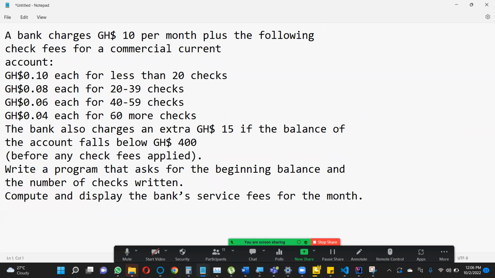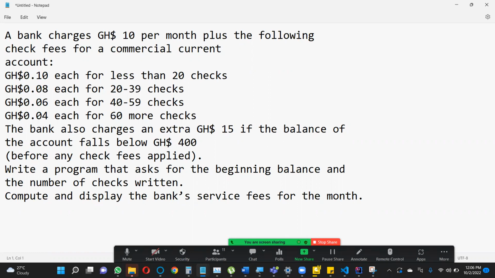A bank charges 10 Ghana cedis per month plus the following check fees for a commercial current account. 0.10 pesos each for less than 20 checks. 0.08 pesos each for 20 to 39 checks. 0.06 pesos each for 40 to 59 checks. 0.04 pesos each for 60 or more checks.